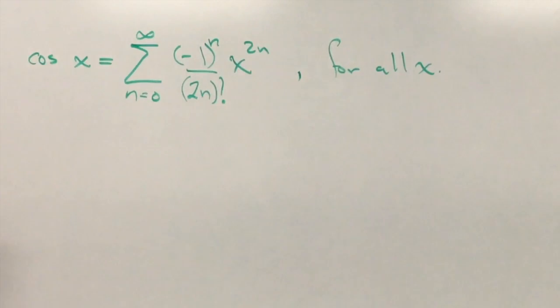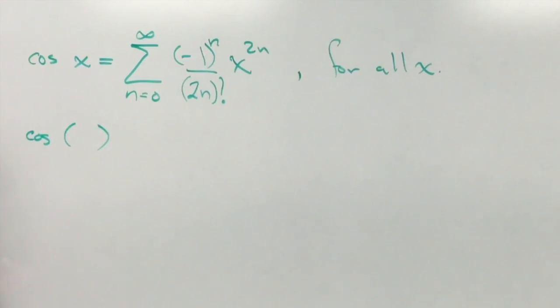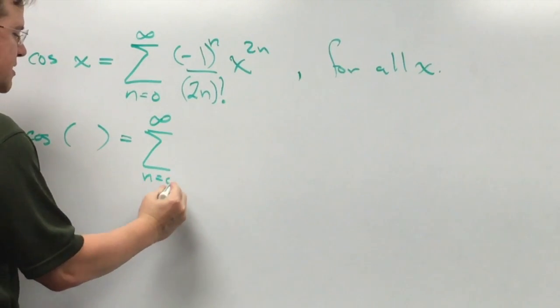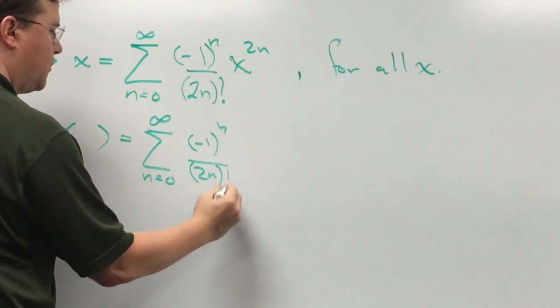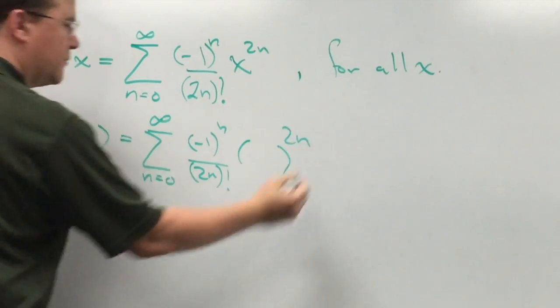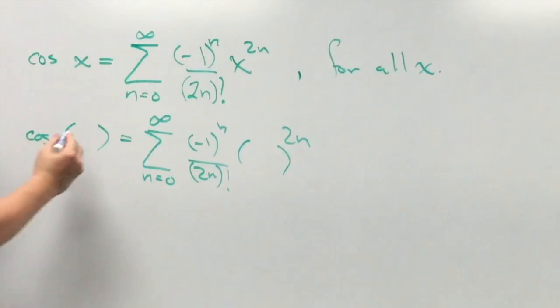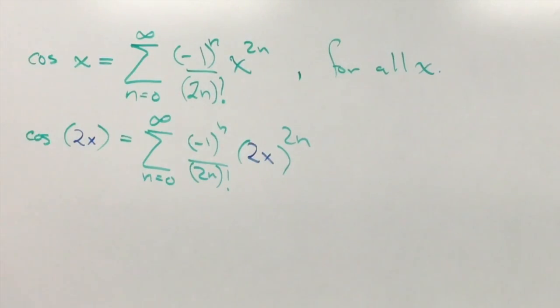If you already know this, I can use it to come up with that. For example, the cosine of 2x can be computed by doing a simple substitution. See that?